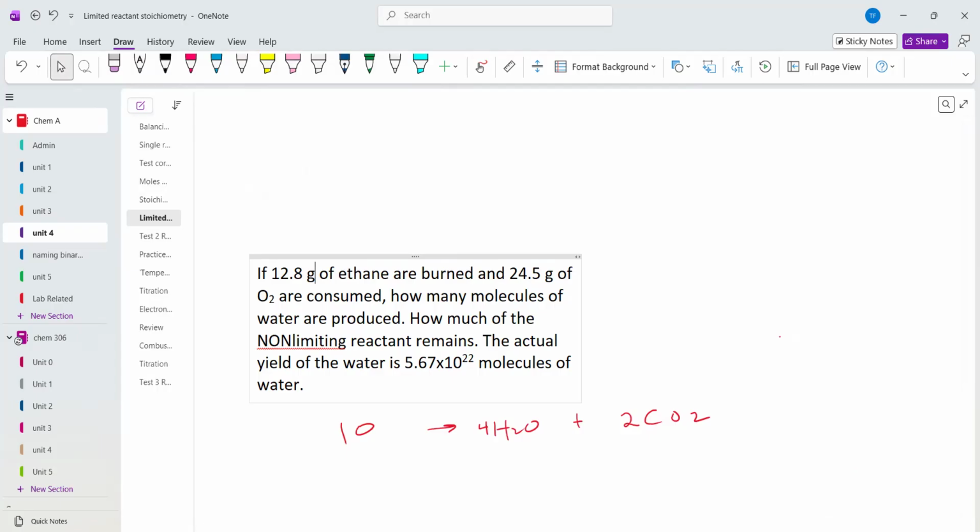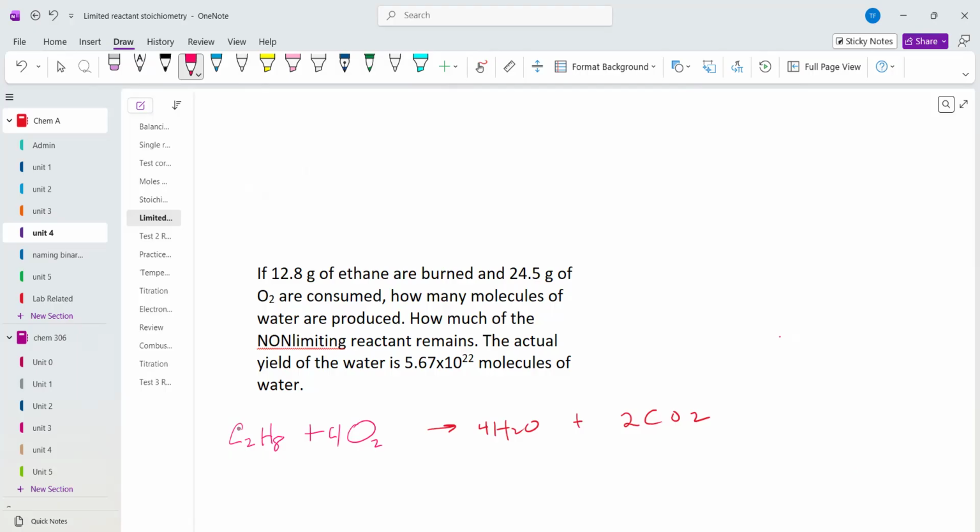So the same equation, we're still using, we're burning ethane. Same equation, only this time we're looking at molecules of water produced, counting molecules.